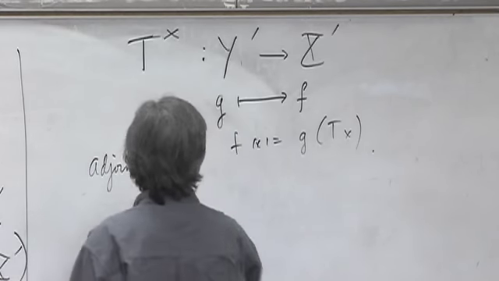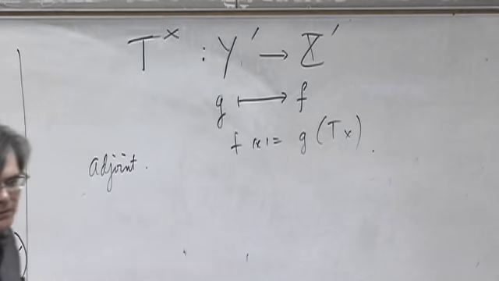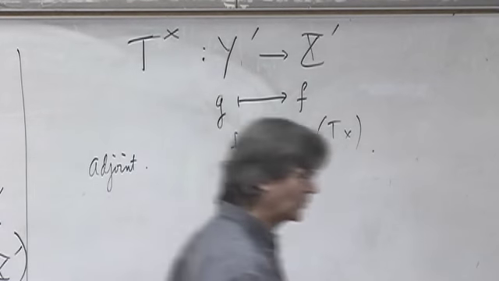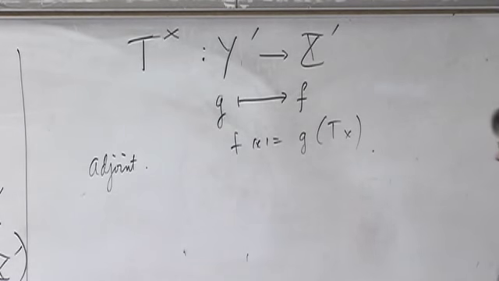Remember, Y prime and X prime are norm spaces. In fact, they're Banach spaces. And that's the mapping, so you're mapping from the dual of Y to the dual of X.